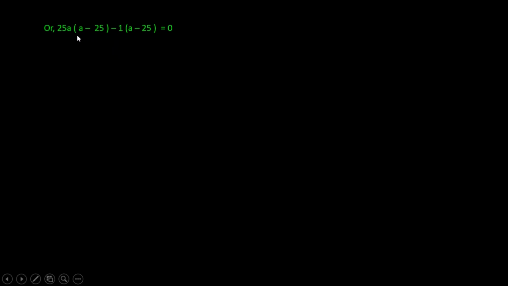You see that a minus 25 is here and a minus 25 is here also, so you can take this out as common. So a minus 25 is taken out as common, and you have to write the remaining ones inside the next bracket. In the first term 25 is the remaining, so I have written here, and in the second term, minus 1 is the remaining, so I have written here.